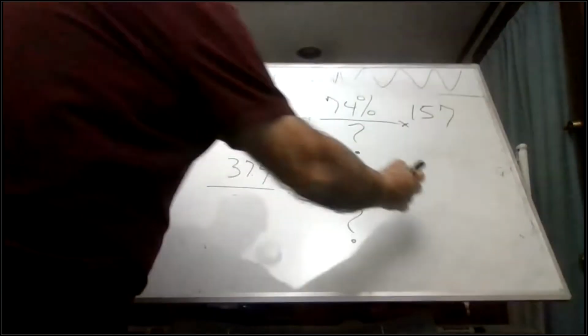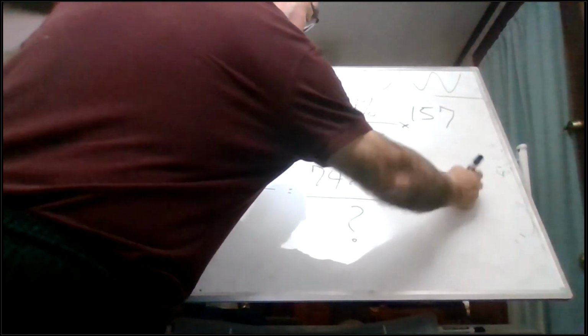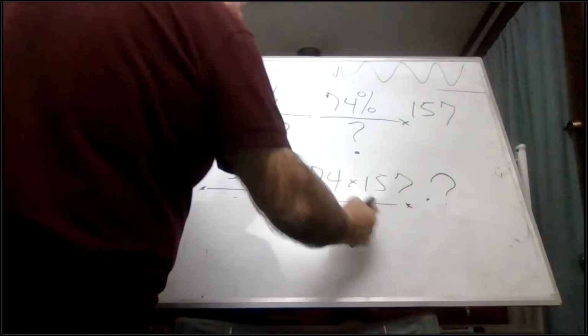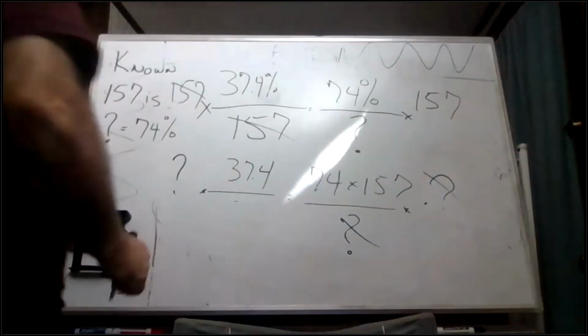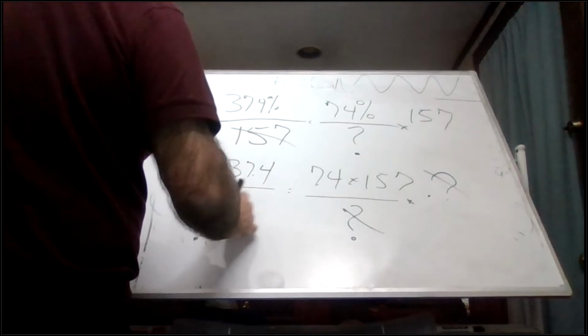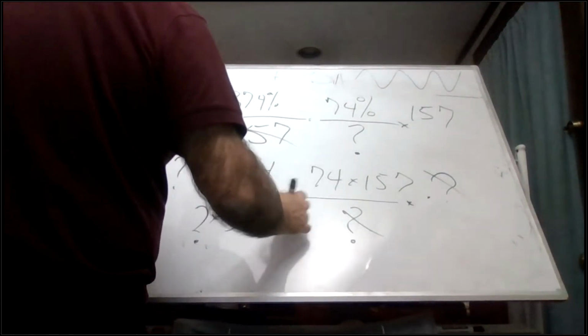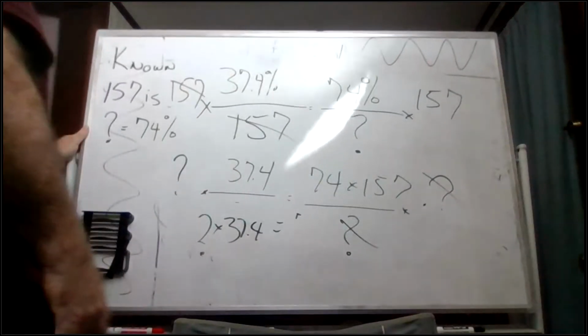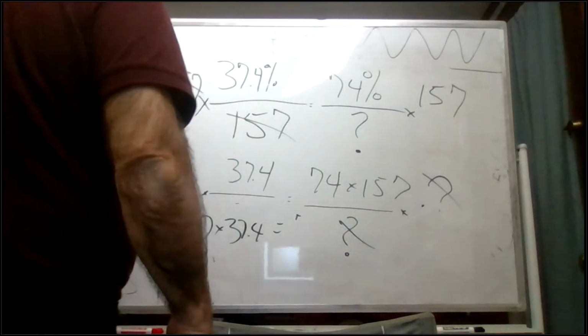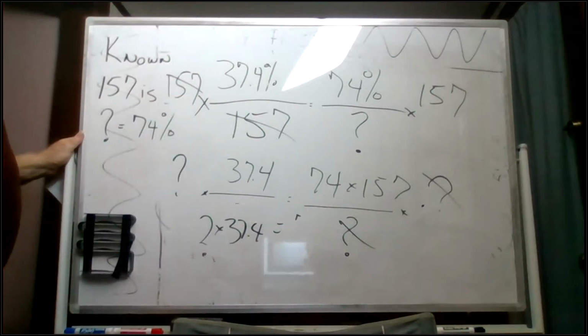So you basically have to say, do this, and then do this. These go away. Then you're left with question mark multiplied by 37.4 equals whatever 74 times 157 is. And then you have to divide both sides by 37.4.